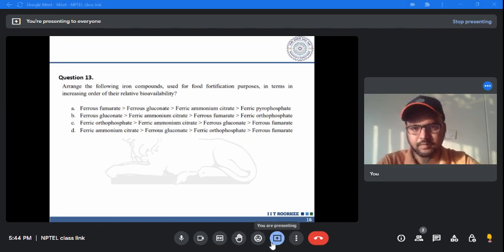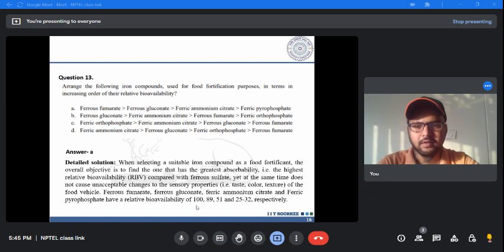Okay, so the correct answer for this question is A. The lowest iron bioavailability compound is ferrous fumarate, then ferrous gluconate, then ferric ammonium citrate, then ferric pyrophosphate. When selecting a suitable iron compound as a food fortificant, the overall objective is to find the one that has the greatest absorbability, in other words the highest relative bioavailability compared with ferrous sulfate, yet at the same time does not cause unacceptable changes to the sensory properties of the food vehicle.